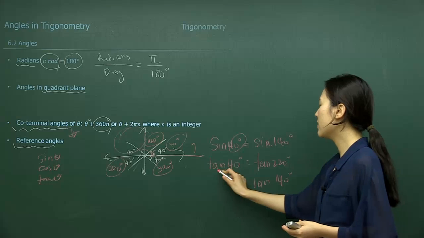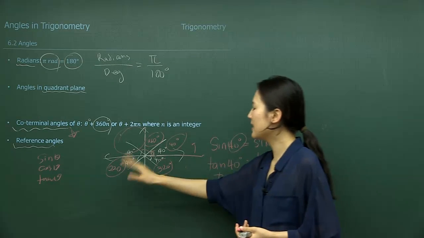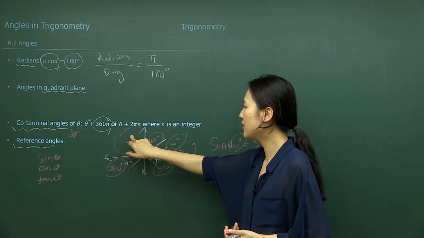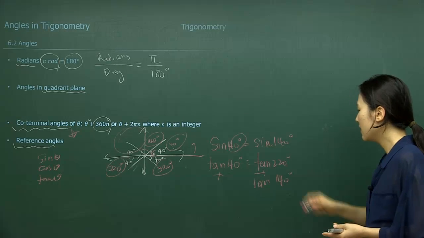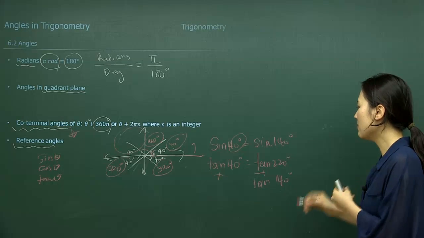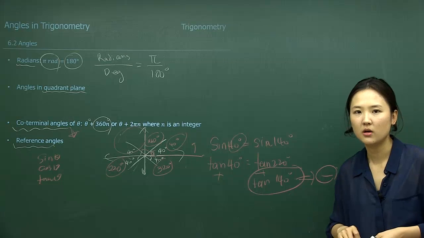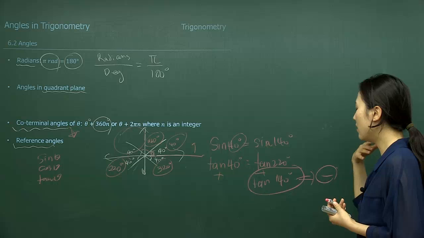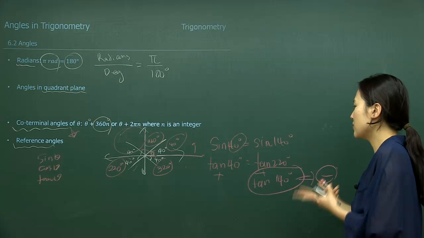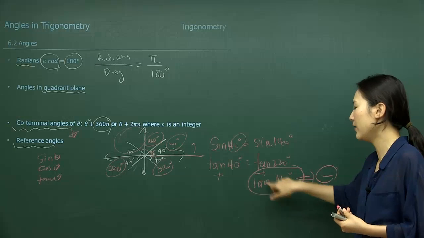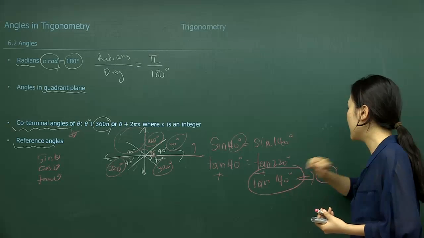Remember how if a sign is written in a quadrant, it means that ratio is positive and the rest are negative. So the ratio is the same, but for this one you will get the negative of the ratio. So we can still figure out what tangent of 140 degrees is. It's just that the sign has to change, so they are not exactly equal, but we may use this to find what it is.